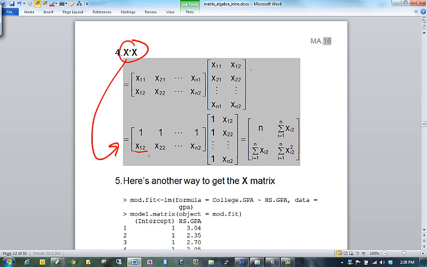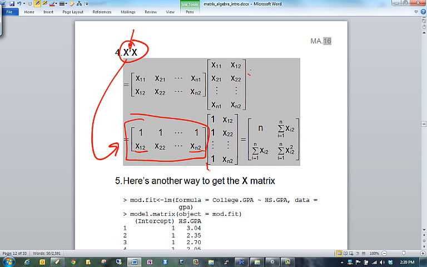So X12 represents the first row, second column of my X matrix. Xn2 would be the nth row, second column of the matrix. Notice how this is a transpose. That's why you see this as a 2 by 20 matrix.